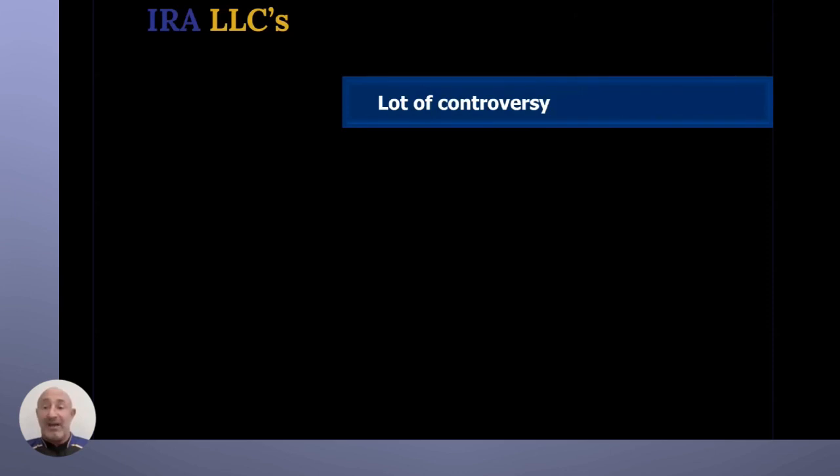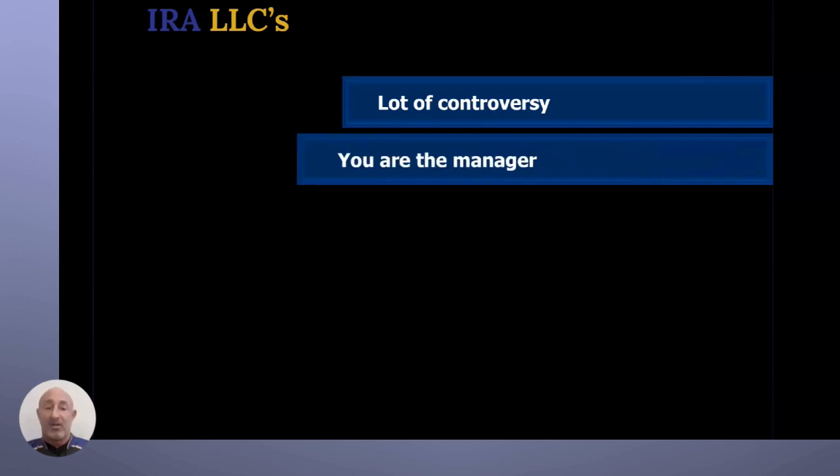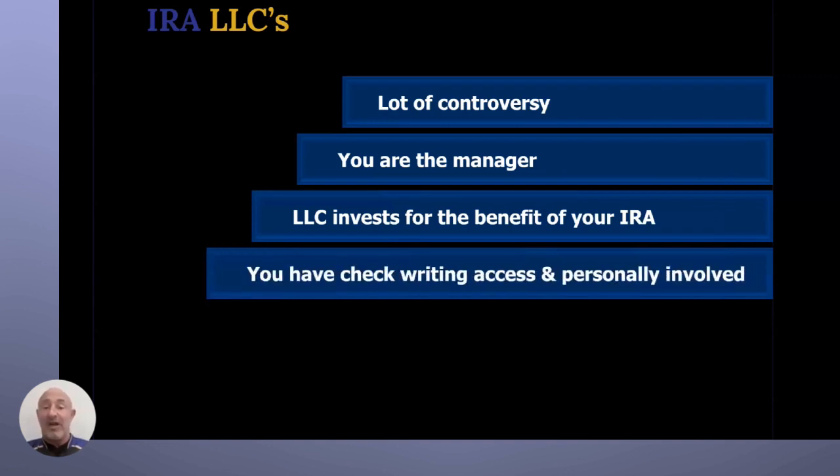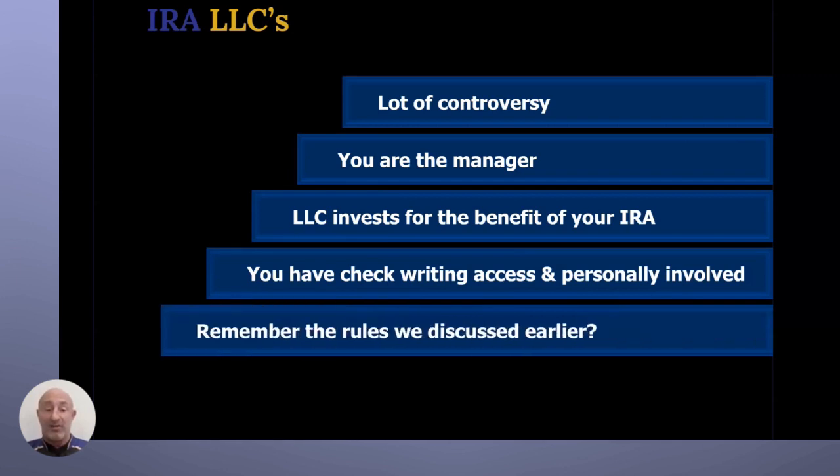So there is a lot of controversy. A lot of custodians will not allow IRAs with single member LLCs where you're the check writer. But you are the manager. The LLC invests for the benefit of your IRA, and you have check writing access, and you're personally involved. And remember the rules that we discussed earlier.